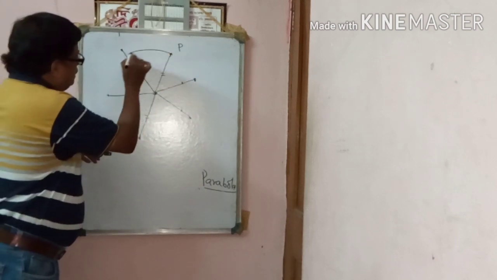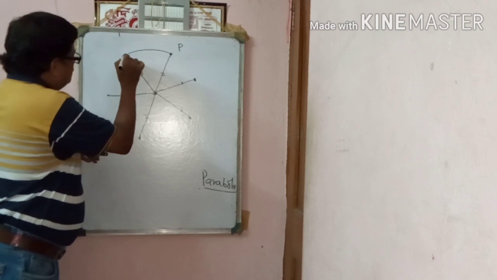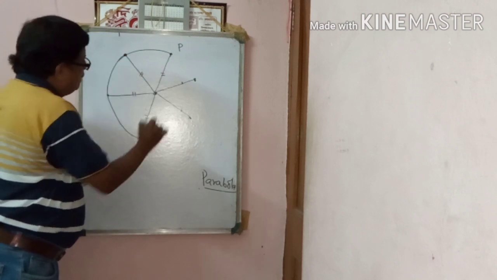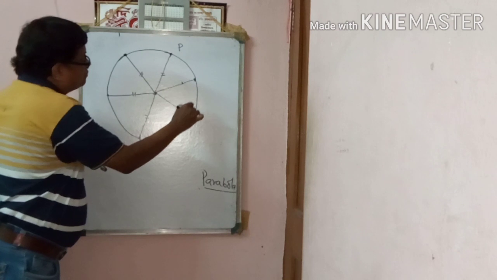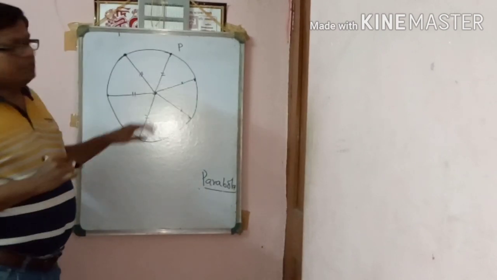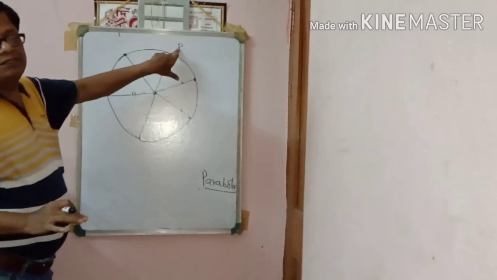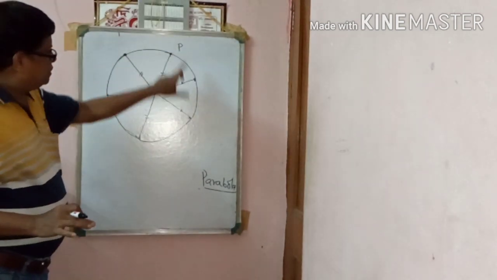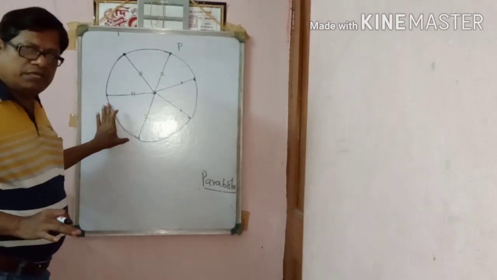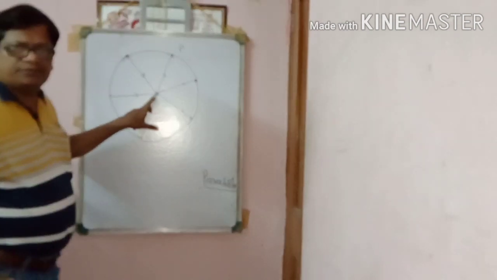See, this is a circle. The locus of the point is a circle. So this is a fixed point.